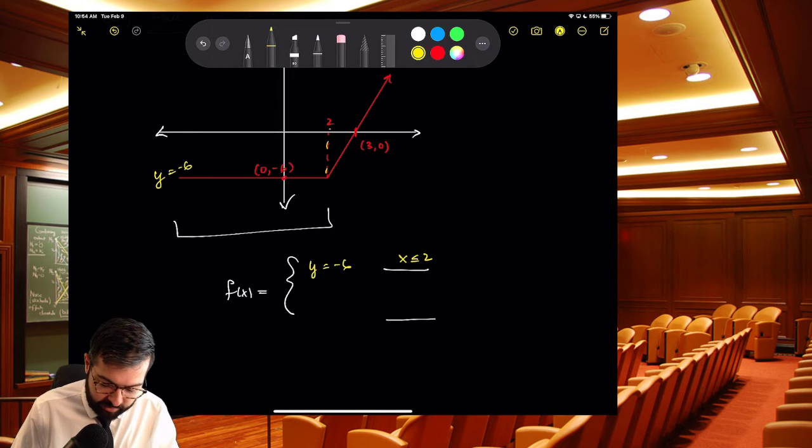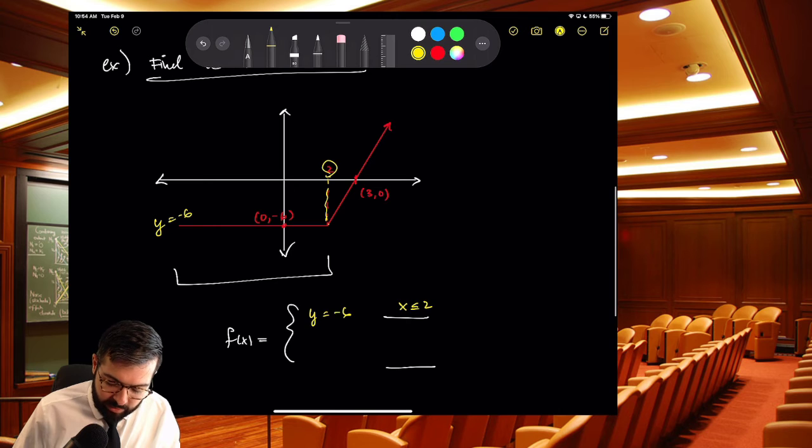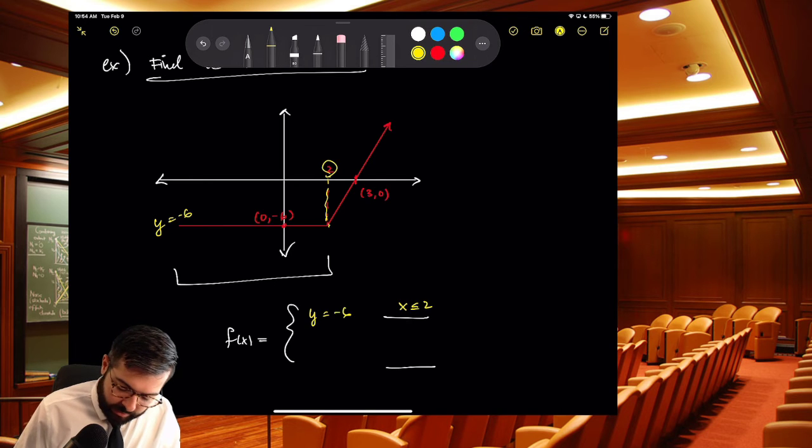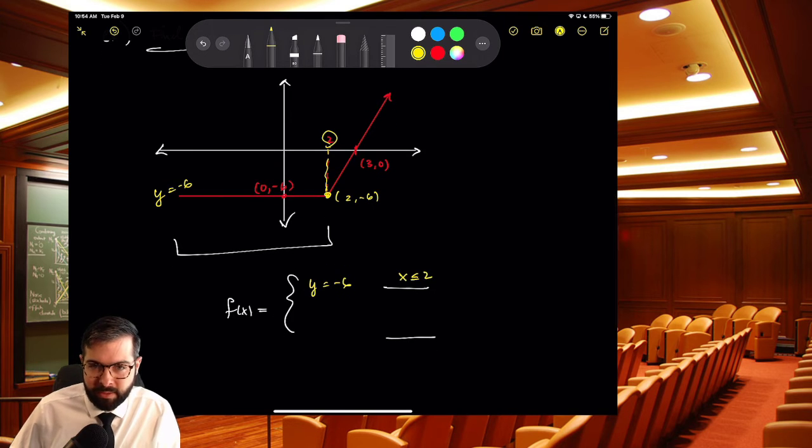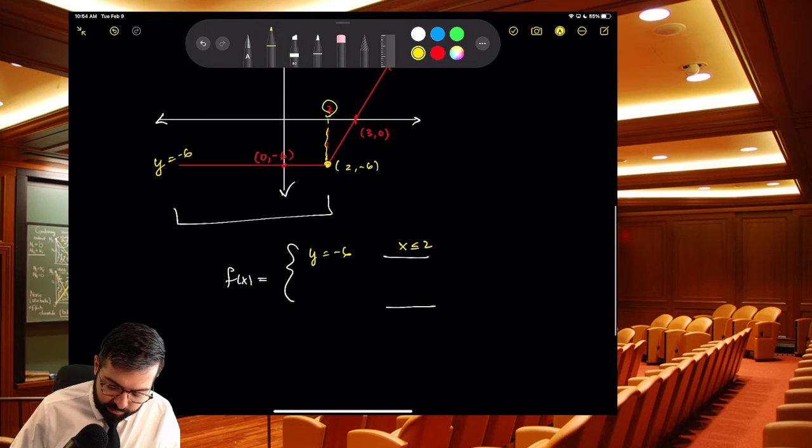And then when I hit this x equals 2, what happens? I switch to a new rule where now I'm on this slanted line. And the slanted line crosses through the point 2, negative 6, which is right here, and the point 3, 0. So I'd come up with the formula for this line, which, if I use point slope form, is going to be the following: y minus 0 equals m.